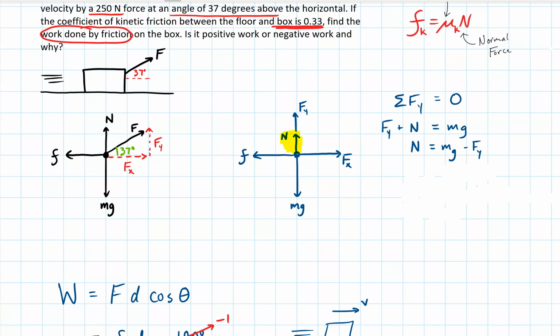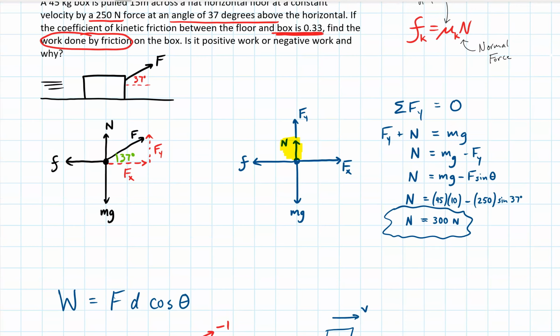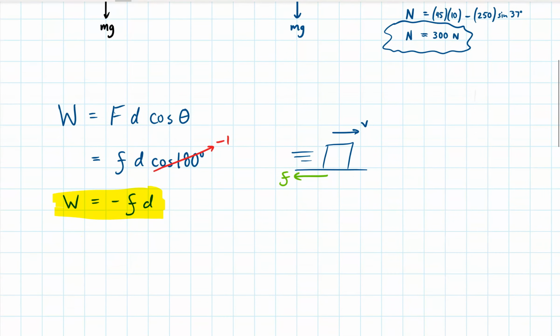All right. Last step is just plugging and chugging with all of our numbers. And we end up with, let's see, normal force is about 300 newtons. So we have a normal force of 300 newtons. That was the goal to plug into the fun equation. So let's go back down here.